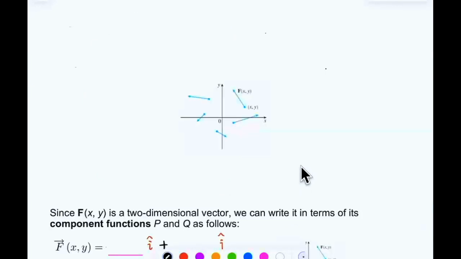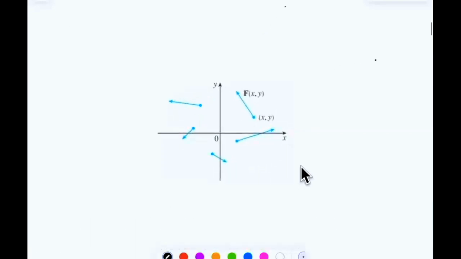The best way to picture a vector field is to draw an arrow representing the vector starting at the point x comma y. So you have this point x comma y, and to picture the vector field, you pick a point in the domain and start drawing arrows. So you draw an arrow right there.